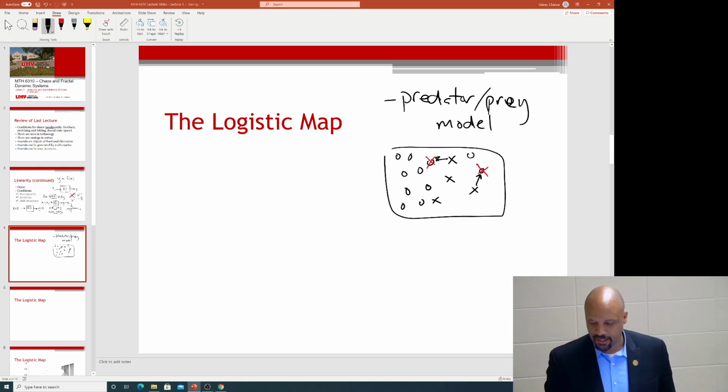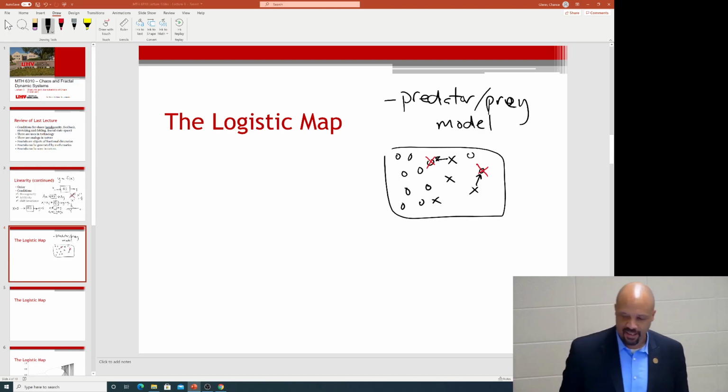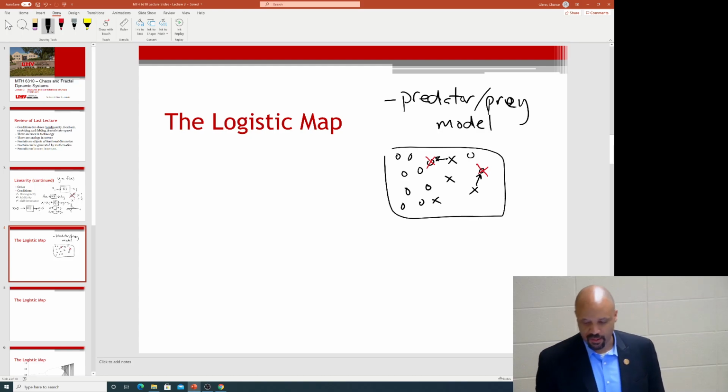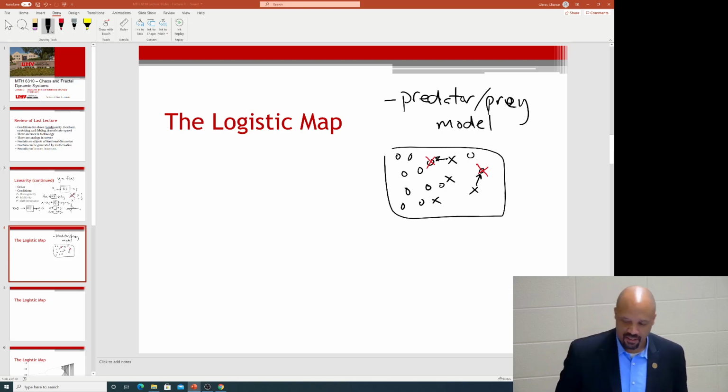So there's an addition and there's a subtraction that happens because they're multiplying, but they're also being eaten.